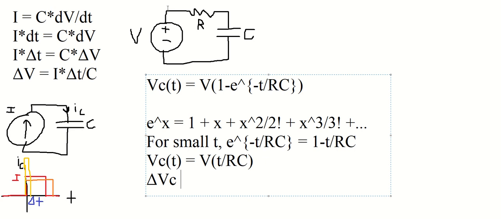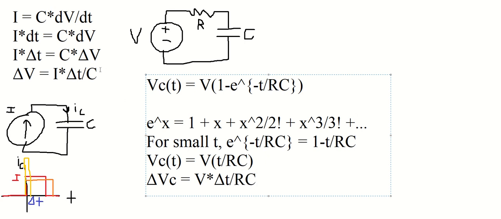So the key here is that at the same instant when our pulse of voltage is over, we would simultaneously turn off the voltage source and remove the capacitor from this circuit so that it holds on to that charge, it holds on to the voltage across it. So if we look at the change in voltage across the capacitor from beginning to end, from turning on this voltage source to turning it off and grabbing that capacitor away, that is simply going to equal V times delta t divided by RC.